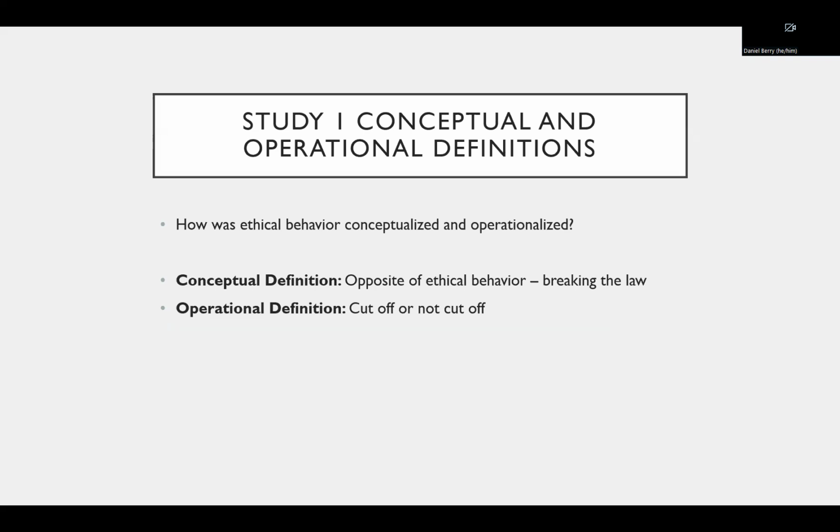So here we've got our conceptual and operational definitions of both variables in the study. And one thing you're going to be asked to do on Tuesday with your group is to think about how you're going to conceptualize and operationalize your variables.